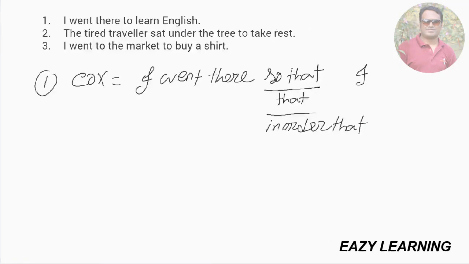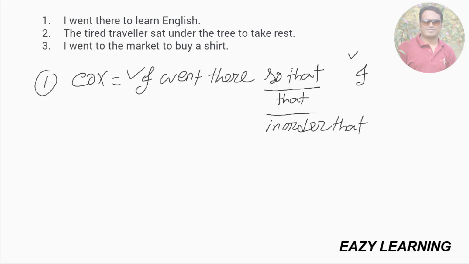According to these structures, I have written I went there, I have omitted to, and I have put so that or in order that. After that I have used subject I, because this is the same sentence subject.